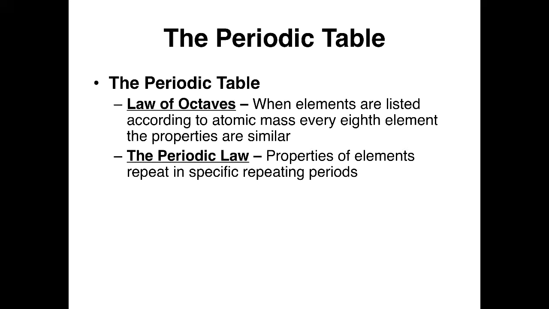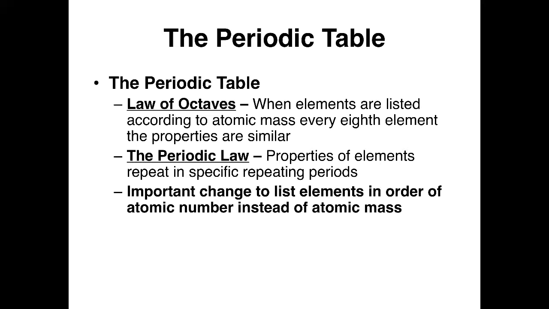Once they arranged the elements in terms of atomic number, they developed what was known as the periodic law, which states that the properties of elements repeat in specific repeating periods, and it turns out that if you arrange elements in terms of their atomic number, this works out quite well. And that's what I say right here. The important change here is to list the elements in order of their atomic number as opposed to their atomic mass.